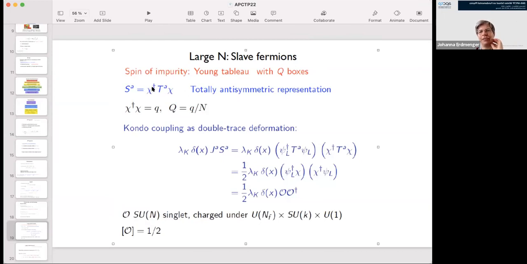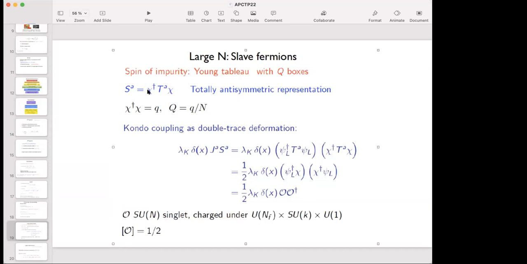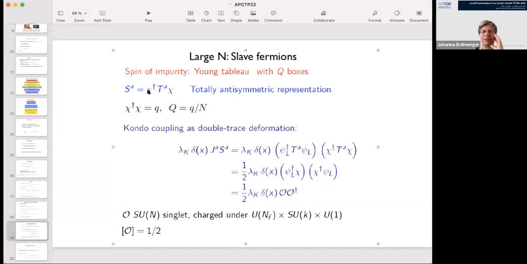Okay, so if these objects are fermions, I think you have to make it totally antisymmetric. So this is a fermionic field, and then to have some meaningful spin interpretation with this fermionic field, you have to have a totally antisymmetric representation.